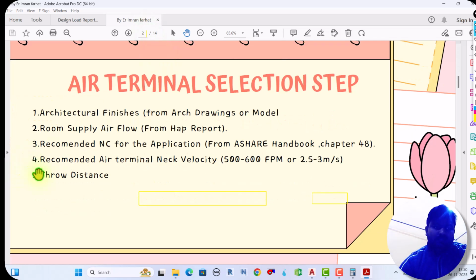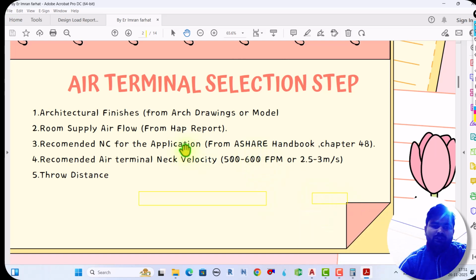This is the reason I mentioned a recommended air terminal neck velocity is 500 to 600 feet per minute. We already took, and all this neck velocity is almost same. It will come in same range like 500 to 600.